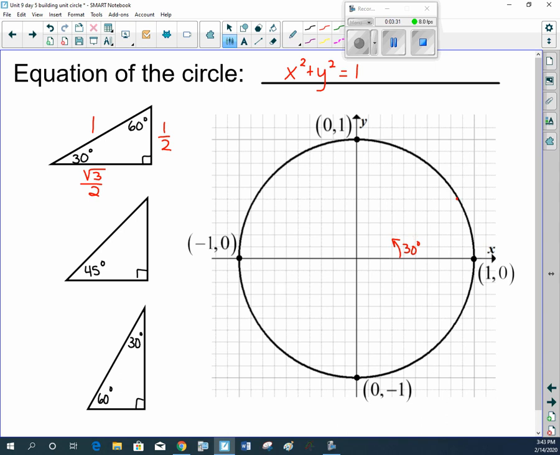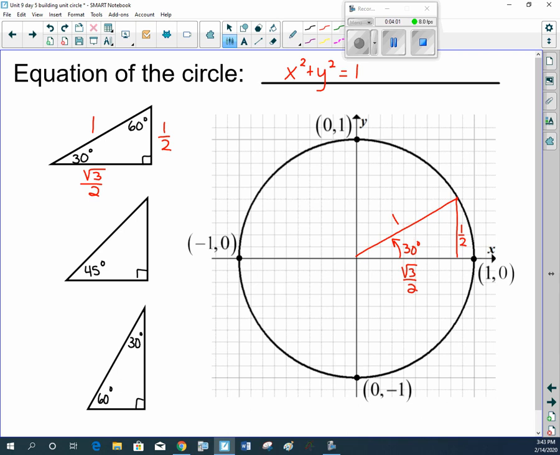So I think it's about right there. And then I'm going to draw that straight down and make my triangle out of that. Okay. Now I'm going to put the side lengths in. This was a radius of 1. This length right here was √3/2, and this length was a half.